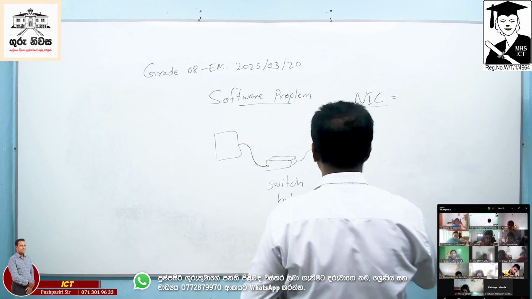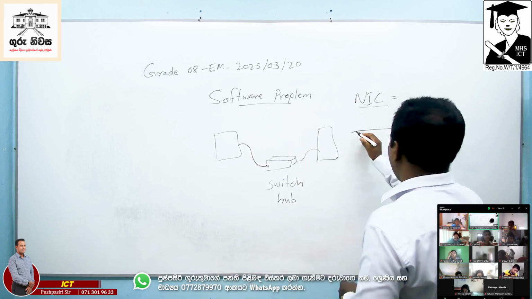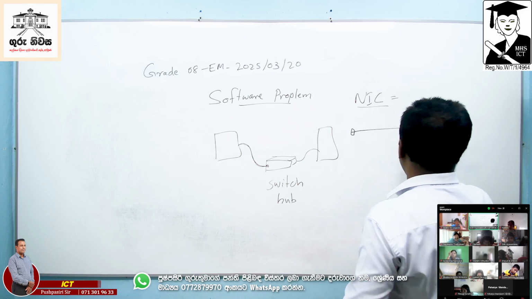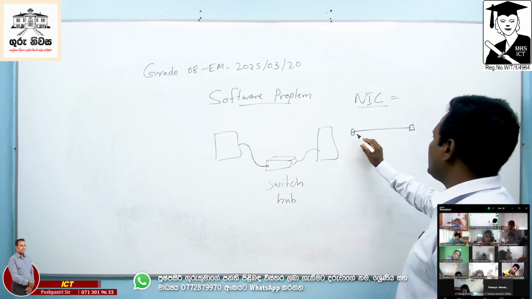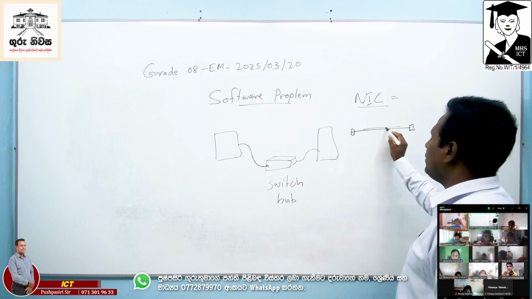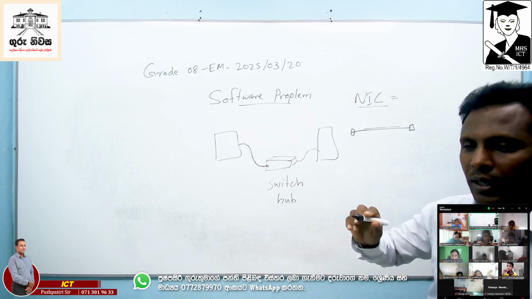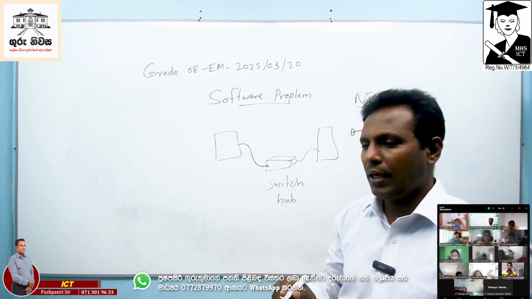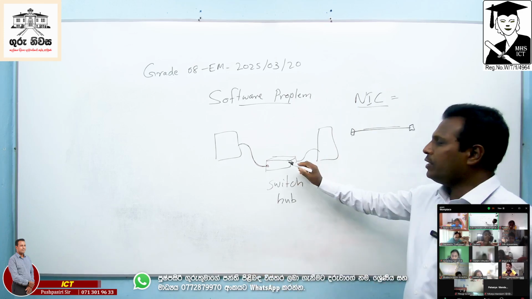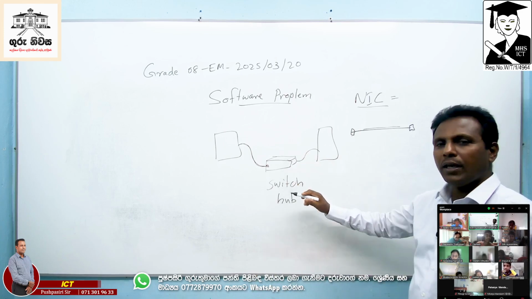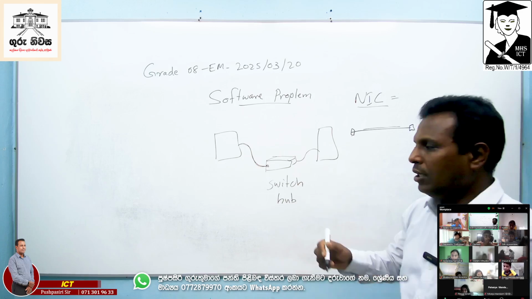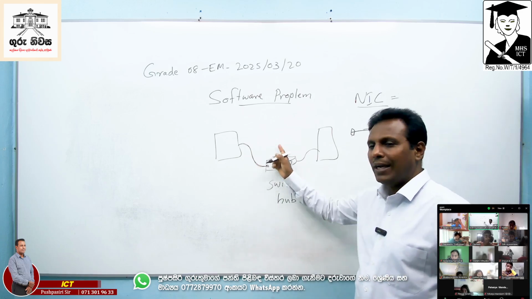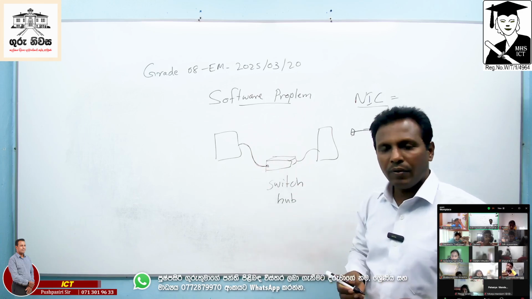I am checking whether these two are working or not. If these two are working, then there will not be any problem in the middle. But if the switch or the hub is not working or broken, then that also cannot work. If this device is broken, the network also does not work.